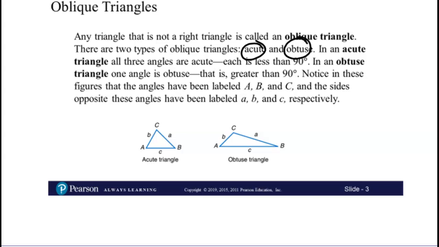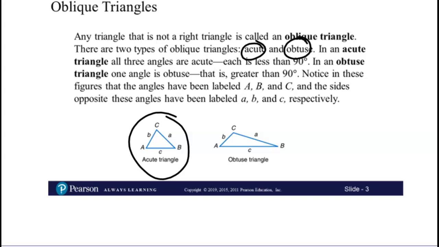And just like with angles, you can imagine that these triangles are representative of that. In an acute triangle, all the angles are going to be less than 90 degrees. However, they will all add up to, remember, 180 degrees on the inside of the triangle. That will be important for being able to solve any of these triangles later.